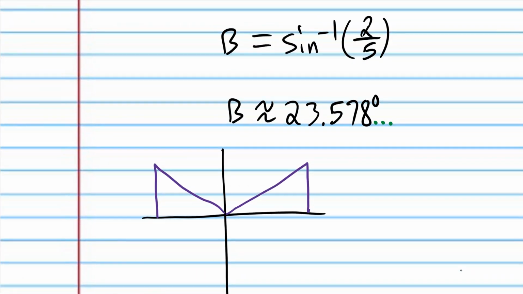So the reference angles are both 23.5, I'll just round it to 5.8. The actual angle in the first quadrant, the measure is 23.58. But in the second quadrant, it's 180 minus that number, which is 156.42 degrees roughly.